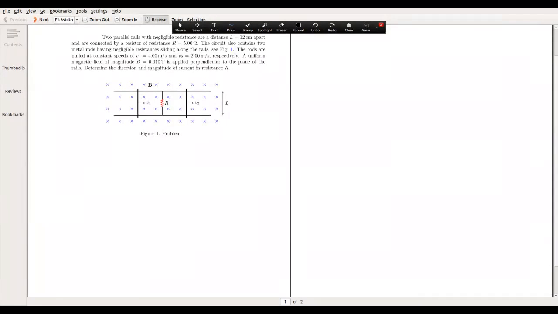So let's call this loop 1, this part, and this loop 2. Considering loop 1, we know that the flux is decreasing because the loop is decreasing its area as the rod moves to the right between the resistance and the rod.